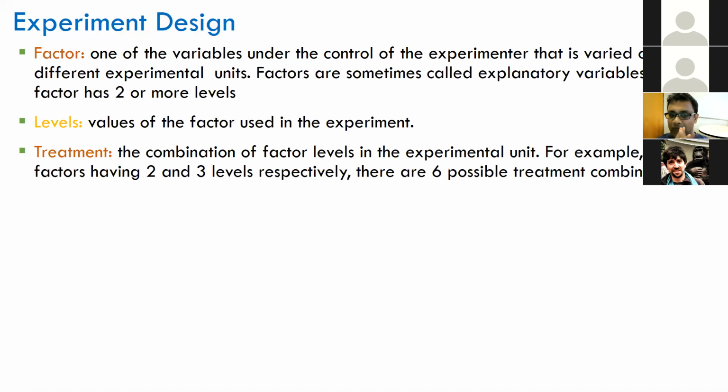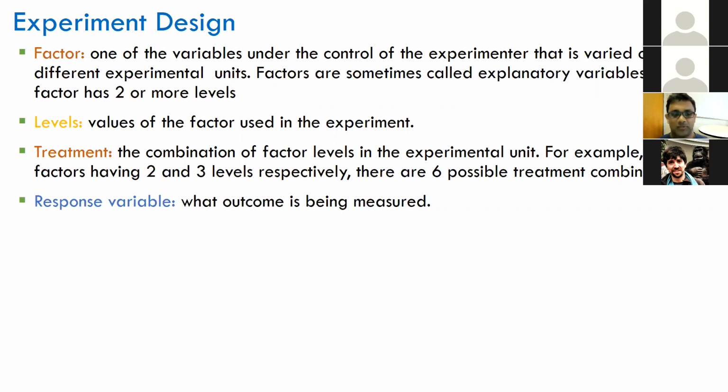For example, if you have two factors and each has three levels, then pairing one level of one factor with each level of the other factor, you can get 6 possible treatments. So treatments are a combination of each factor and level that you are using in your experiment.